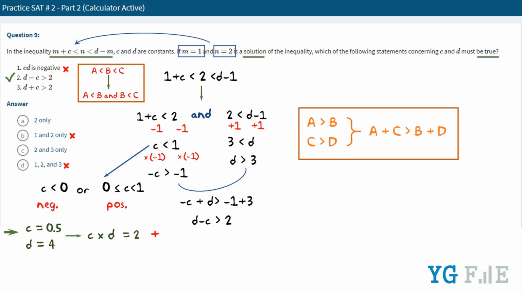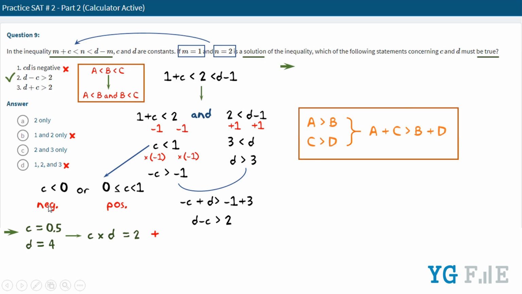Next, we need to check the third statement. It says that the sum of d and c is greater than 2, while d is greater than 3 and c is less than 1. If c is a positive number, then this statement is true, while if c is a negative number, then it can be false.